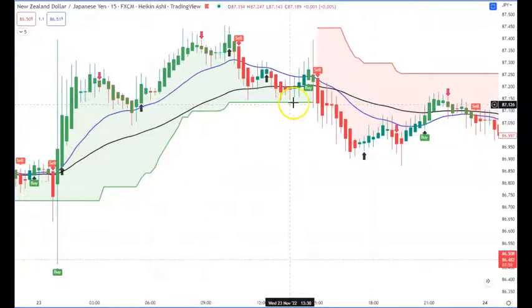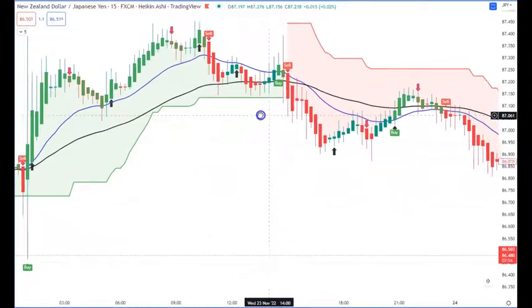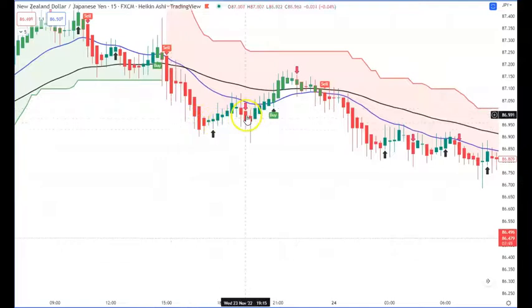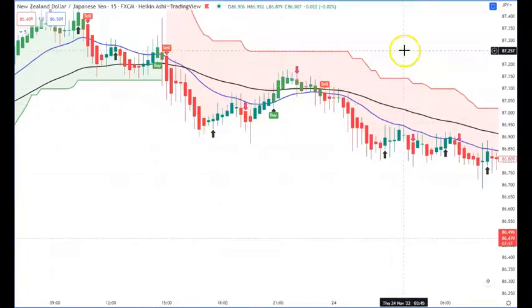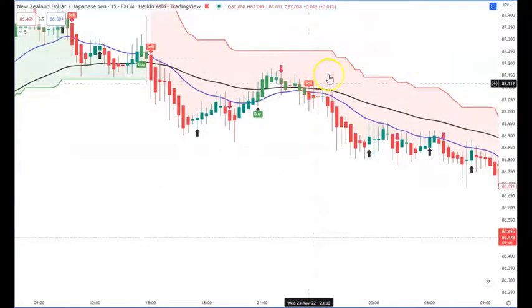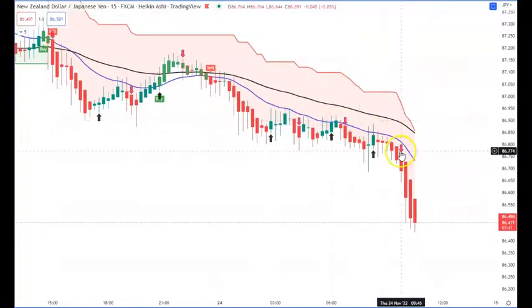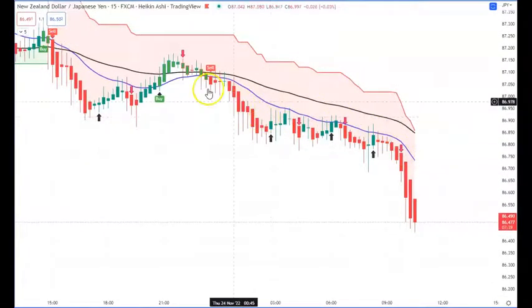Once the average true range has been broken below, then that is highly significant. And during this journey on the 15-minute chart, you have 1, 2, 3. The sell signals are stronger. 4, 5. You have 5 signals during this time.